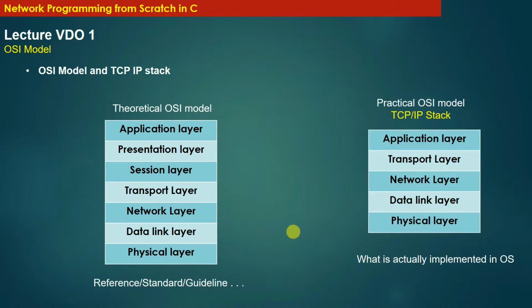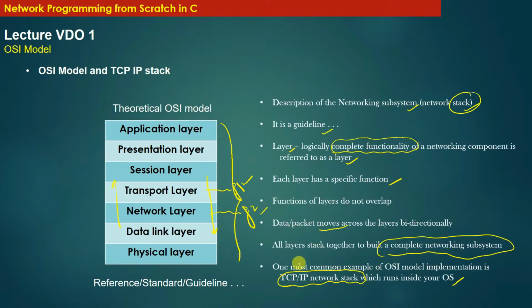So remember, the TCP/IP stack is the implementation of the OSI model. You can take it like this: the OSI model is a class and the TCP/IP stack is an instantiation of that class.